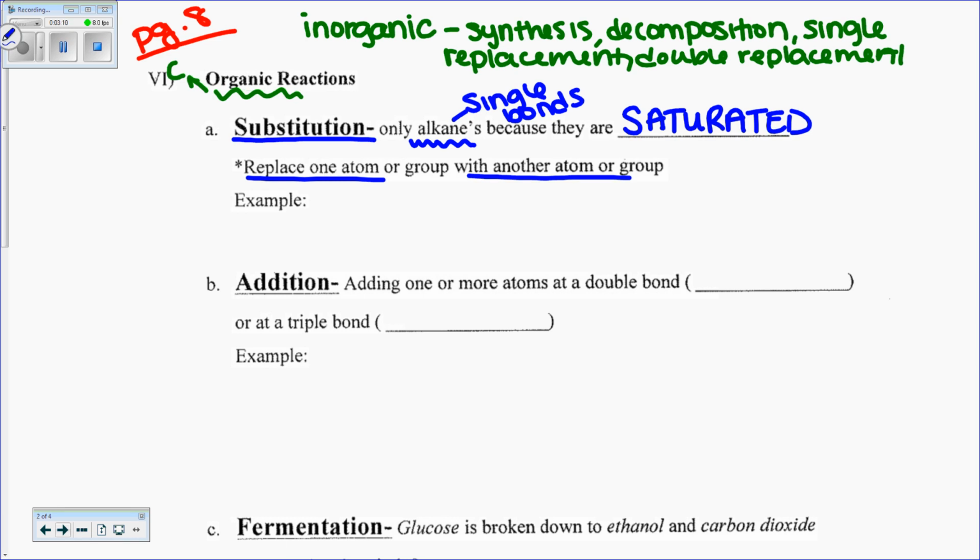An example of that, so let's say I have C2H6. And I'm going to react that with Cl2. So basically I have ethane and I have chlorine, and I'm going to react them. Well, let's take a look at what C2H6 would look like.